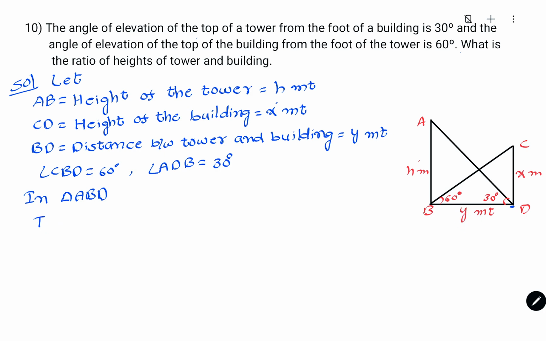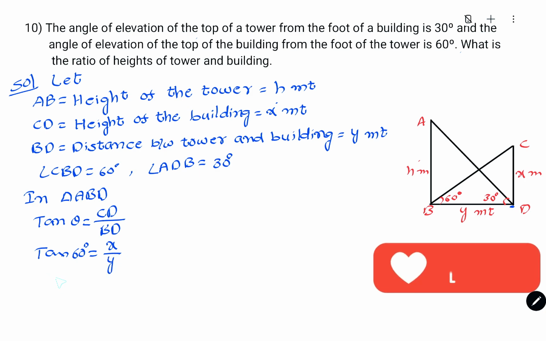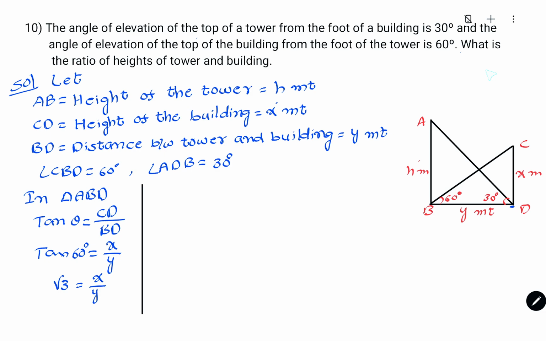In triangle CBD, for the angle 60 degrees we assume the opposite side x meters, adjacent side y meters. So tan θ = CD/BD, where θ is 60 degrees. Here CD is x, BD is y. Tan 60 is √3, so √3 = x/y. Now in triangle ABD, for the angle 30 degrees, we have the opposite side h meters and the adjacent side y meters.